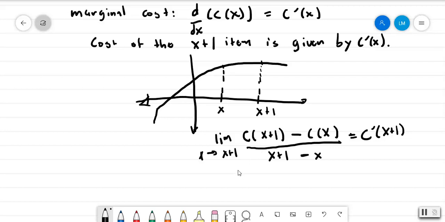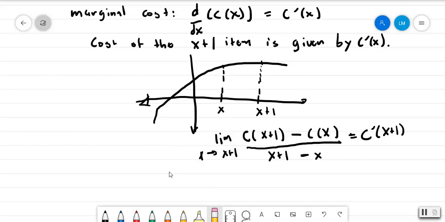Anyways, this represents the change, the cost of the x plus 1 item. Because these two cancel out, it gives you the derivative. I think it should be backwards though, but we can fix it. I'll think about it a little later, but all I know is that it's always given by C prime of x.